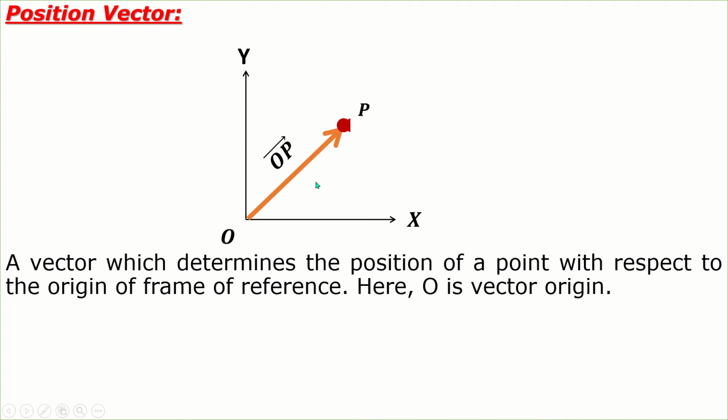One is the magnitude, that means from O to P, the distance, and the other is the direction of the point P. Direction will be from O to P. That means O is the initial point and P is the final point. Okay, the position of P will be OP vector. That means OP is the position vector of the point P with respect to O. This is a position vector. Clear?